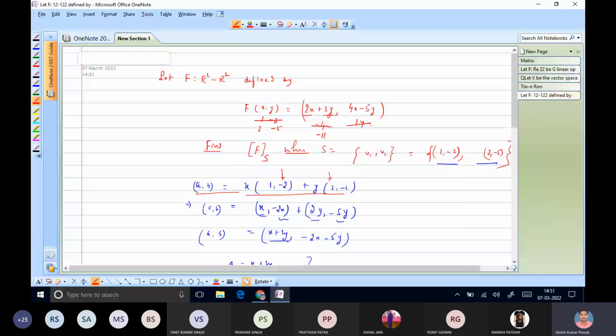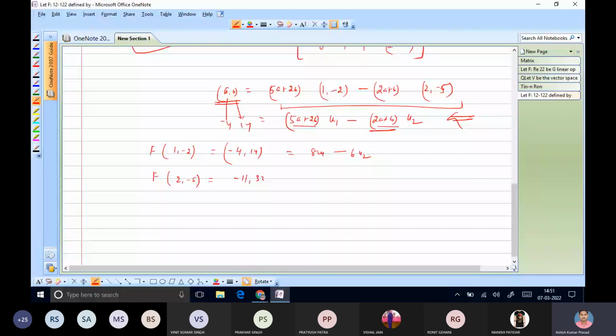I am getting here minus 11 and 33, and I will substitute these values here. So I will substitute a equal to minus 11 and b equal to 33.